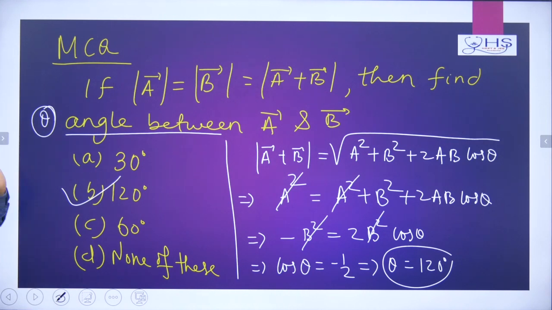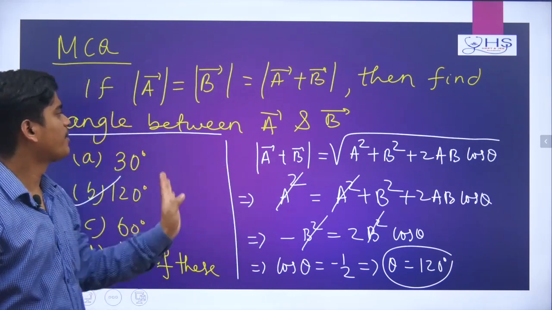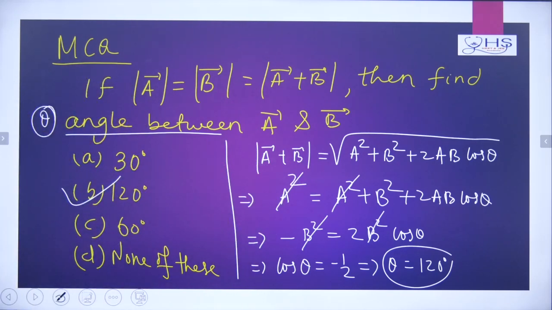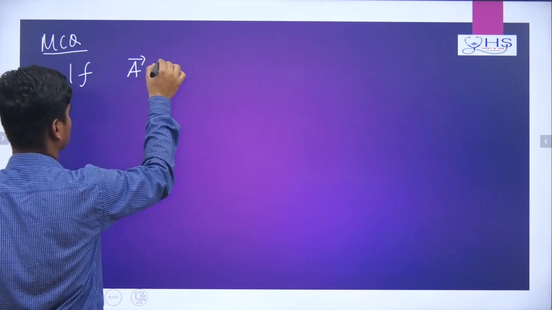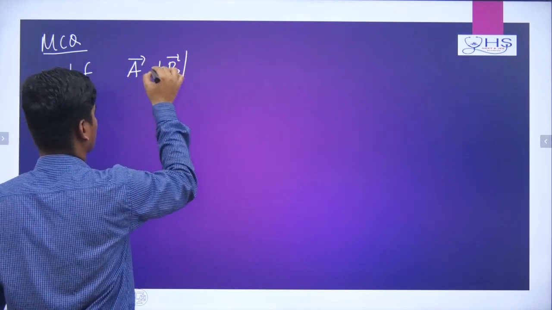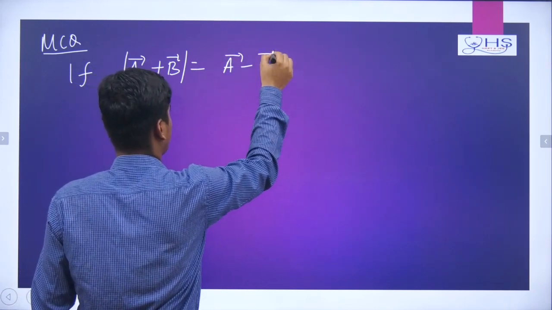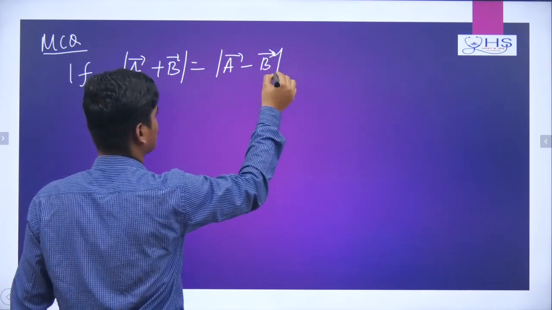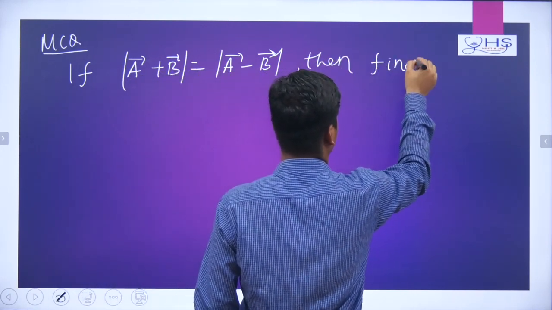So if the magnitudes of A vector and B vector are equal to the magnitude of A plus B, the angle between A vector and B vector is 120 degree. Next question: A vector plus B vector magnitude is equal to A vector minus B vector magnitude. Then find the angle between A vector and B vector.